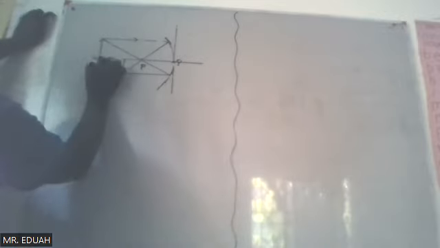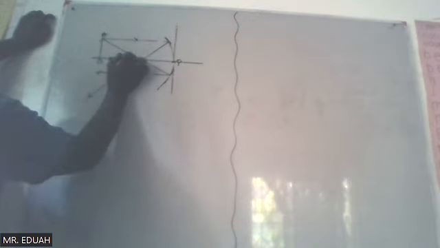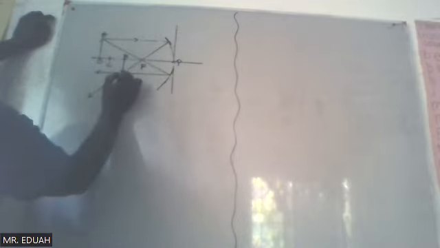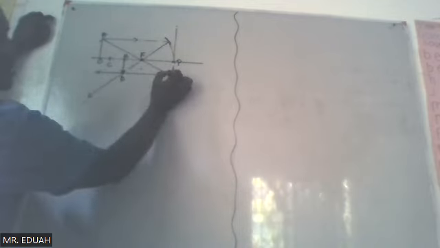Now, this is O, A, this is B, D, this is already F. So F, E, this is P, and lastly, this is G. So we identify similar triangles.